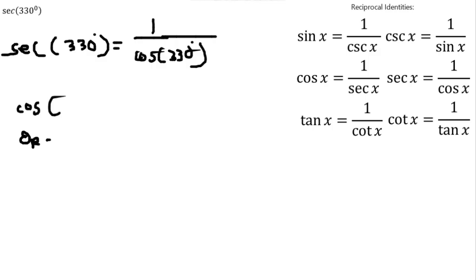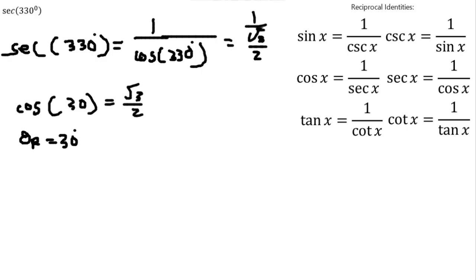That's going to be 360 minus 330, which is 30 degrees. And cosine 30 is root 3 over 2. So I'm going to write this as 1 over root 3 over 2. Then we simplify our fraction. That's going to be 2 root 3 over 3.